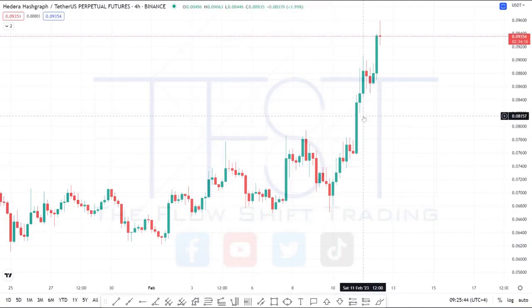Hindi yun katulad ng iba na meron kang setup and then aantayin mo mag-react yung price based doon sa setup mo. It's like you are trying to dictate what price should do, instead na you should be listening to the price and react kung ano man yung ginagawa niya.